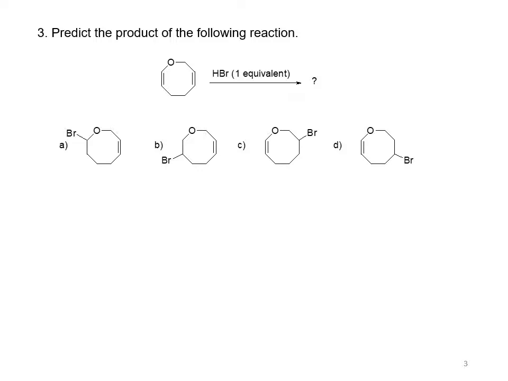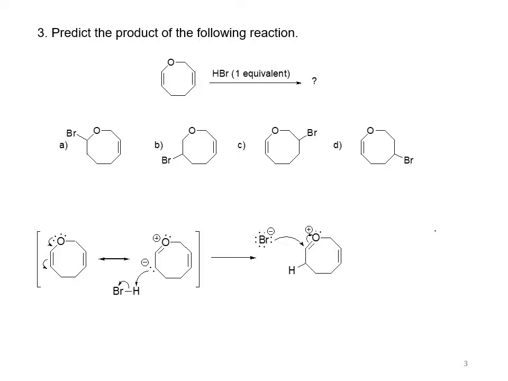So double bond on the left has higher reactivity. And that's the one that will react with hydrogen bromide. That means that the correct answer is either A or B. Question is only what is the regioselectivity. And for that, it's best to draw reaction mechanism. So first, draw two resonance structures that show electron donation from oxygen to the double bond, and then reaction with hydrogen bromide occurs in such a way that carbon that has increased electron density donates free electron pair to form bond with hydrogen, and that breaks hydrogen bromine bond.